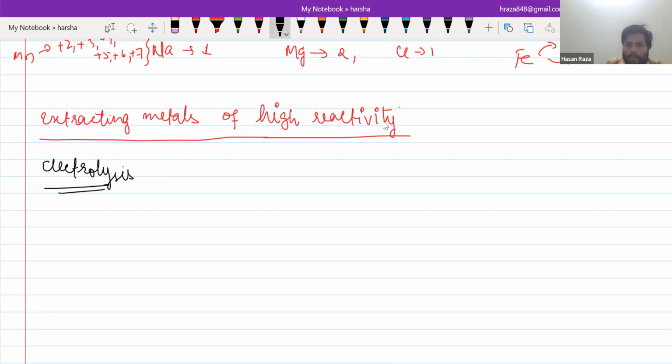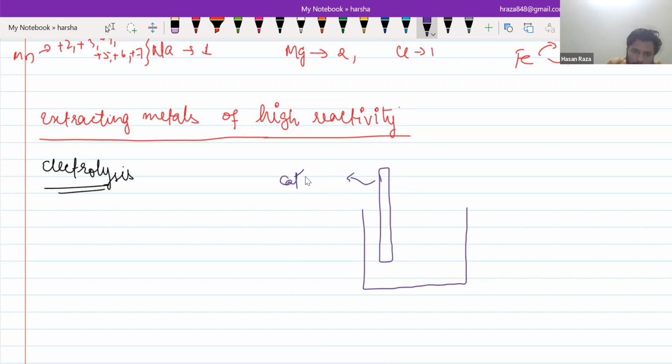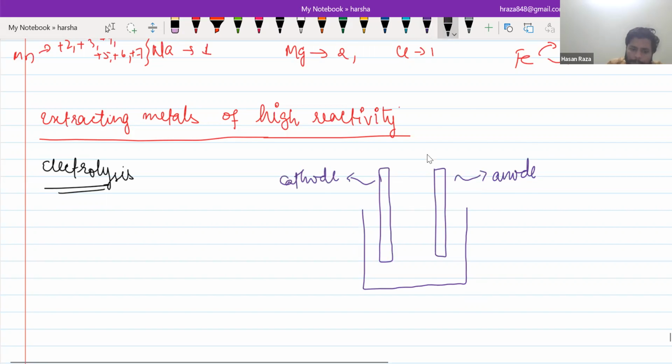Basically, electrolysis is related to the electric part. So I'm going to take a container in which we have two electrodes. One is cathode and another electrode is anode. These two electrodes are connected with a wire.